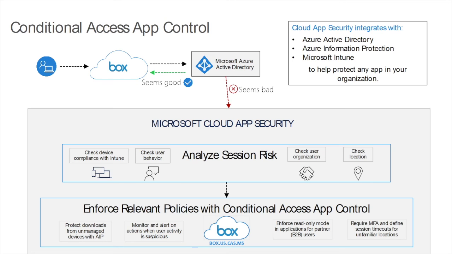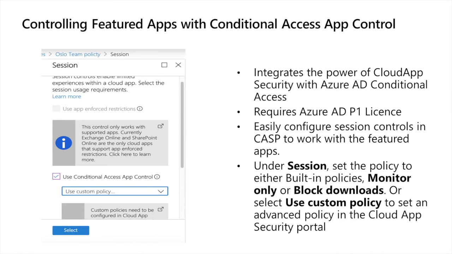Again, that's not right. There's something wrong there. So there's a lot of artificial intelligence and machine learning in it. It also checks the user's organization, if it's a guest, and also things like the location where the user currently is. Are they allowed to access this file using this app in this location?